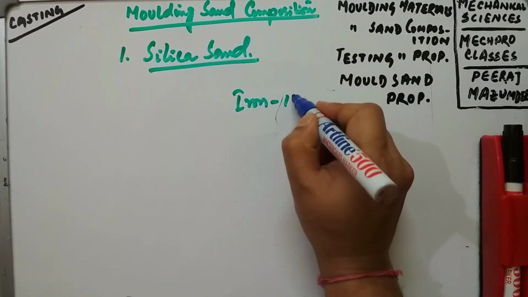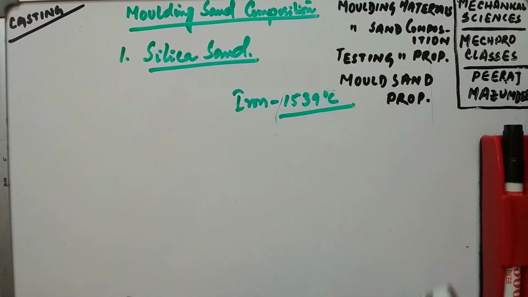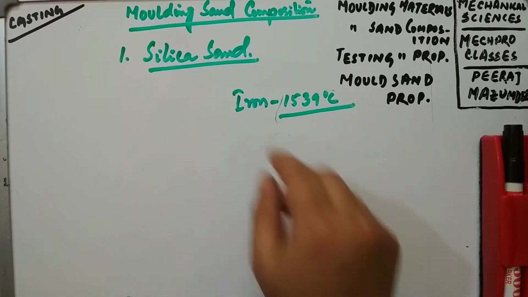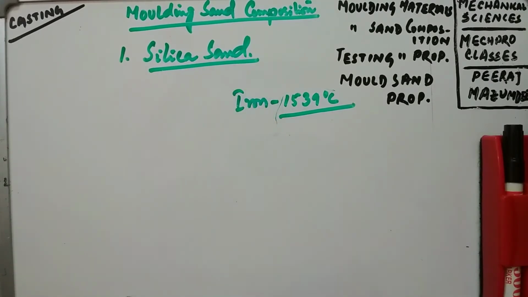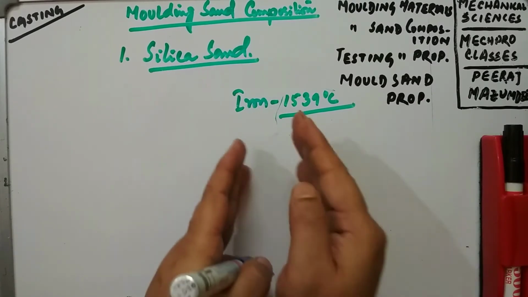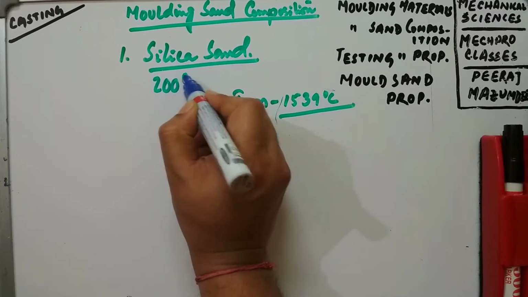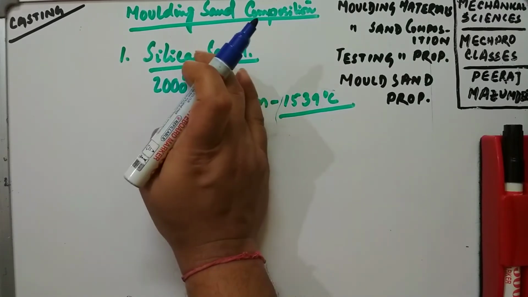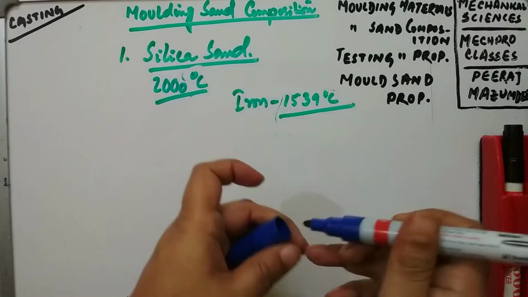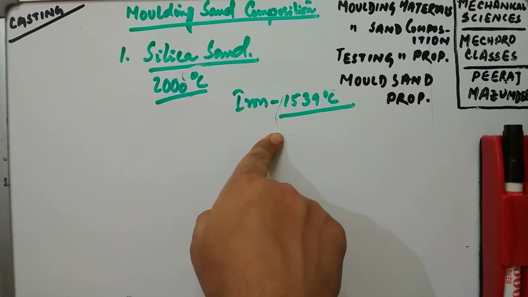It also varies somewhat, but it is recommended in many books that the melting point of iron is around 1539 degrees Celsius. So if we are using silica sand as refractory material for molding purpose, having around 2000 degrees Celsius as melting point, we are safe, and it will hold the high temperature of molten iron.